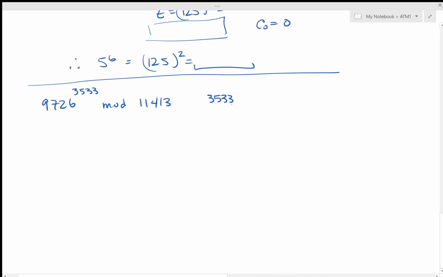3533 base 10, that is going to be 110111001101 base 2.